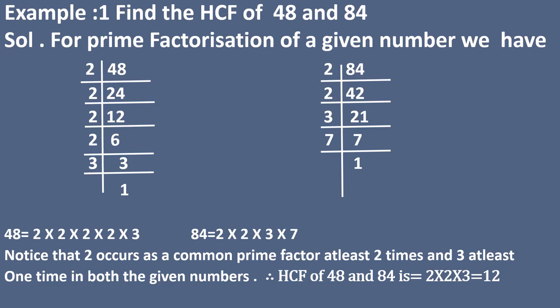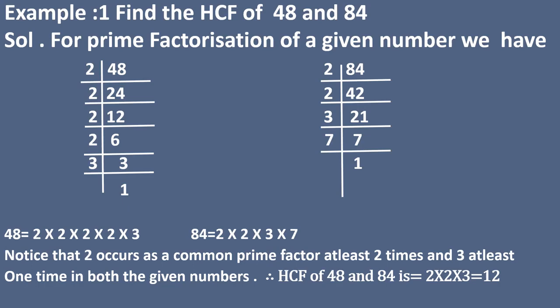Okay, again, one time I am explaining it. First of all, you have to find out the prime factorization of both 48 and 84. That you know how to make. Now you have to take that common prime factor which comes the least number of times. In 48, 2 comes 4 times and in 84, 2 comes 2 times.